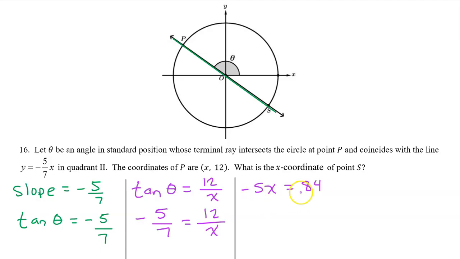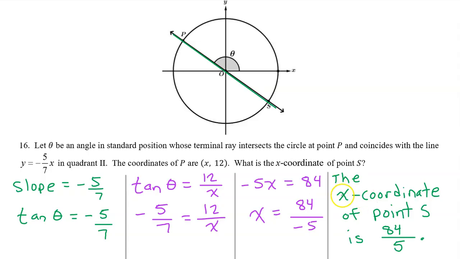Dividing both sides by negative 5 gives us x is equal to 84 over negative 5. Therefore, the x-coordinate of point S will be positive 84 over 5, the opposite of the x-coordinate of point P.